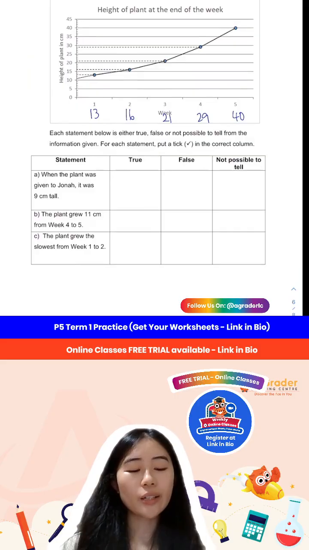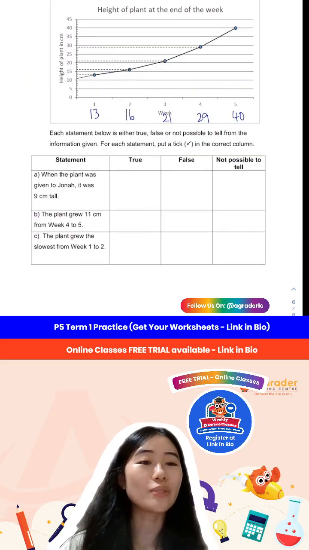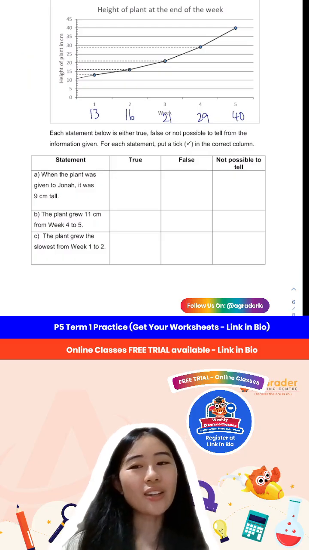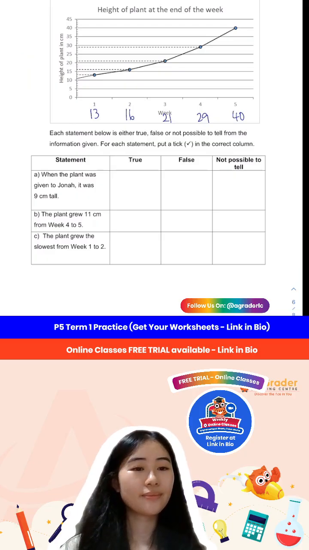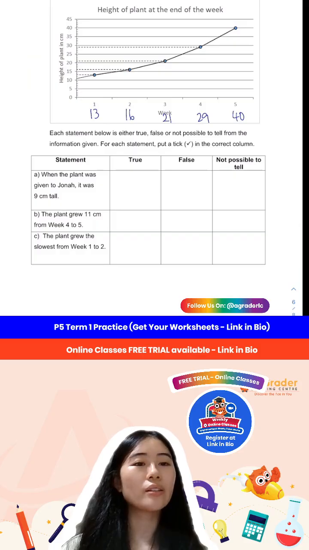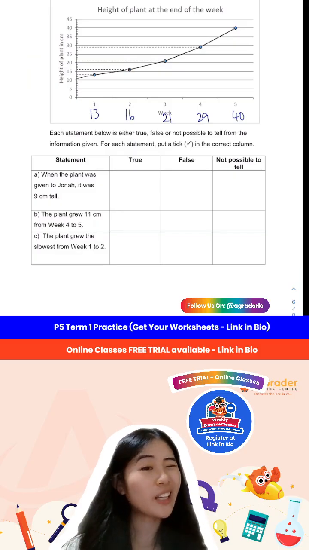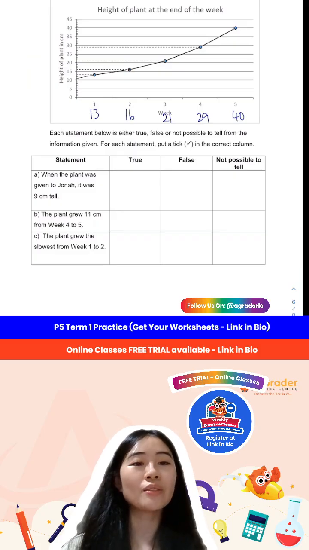Now let's look at statement A. Wait, sorry, let me look at your answers first. Have you all sent in your answers? Angel, you sent it just now. I saw your answer. User 745, I saw your answer as well. Anyone else managed to solve it already? J Ling, you are saying that the first statement is false?